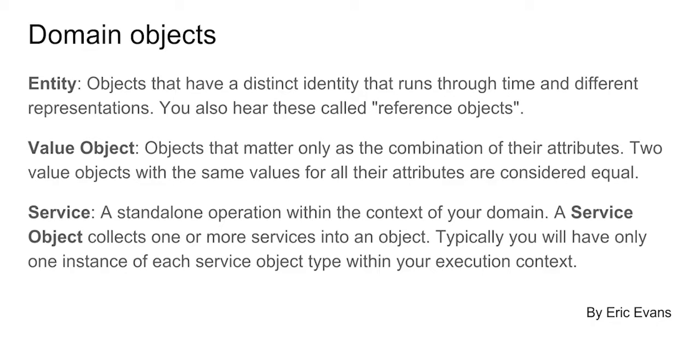It has save and get list methods, which are services. But I will use the term service to refer to the service object instead of a single method during this video. This is the theory, and let's see how this theory is applied in Magento.